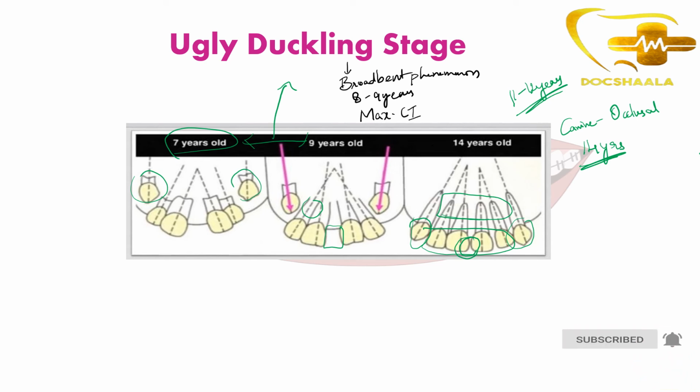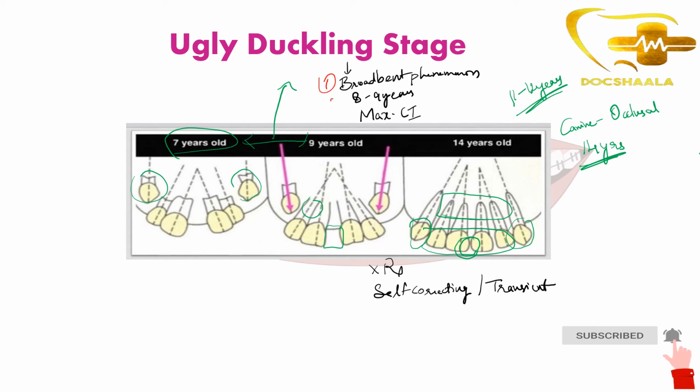The treatment here is no treatment, and hence it is called a self-correcting or transient anomaly. So these are the 5 important points that lie around the ugly duckling stage and which should be remembered for a lifetime.